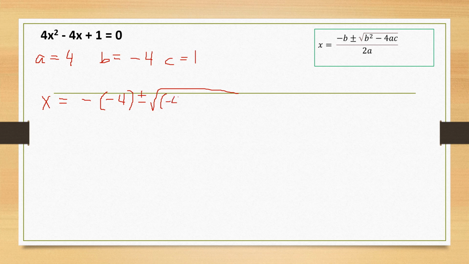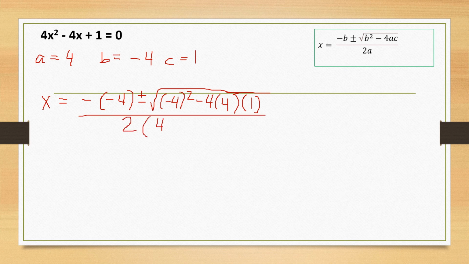So we have negative 4 squared minus 4 times the value of a, which is 4, times the value of c, which is 1, all over 2 times the value of a, which is 4.